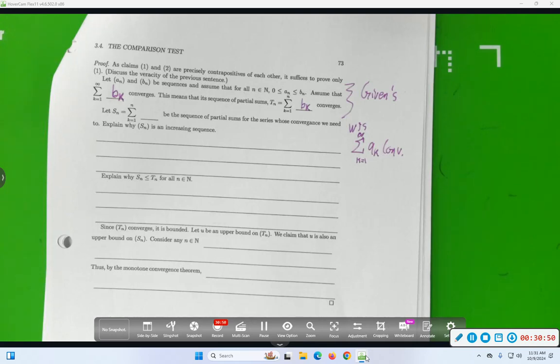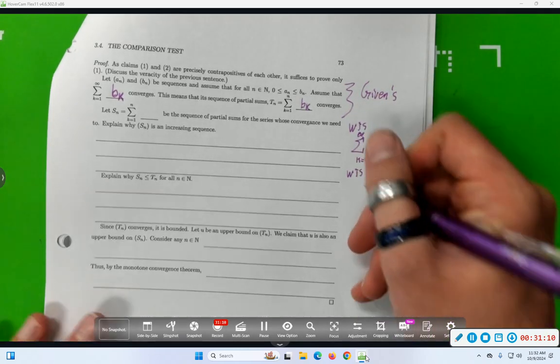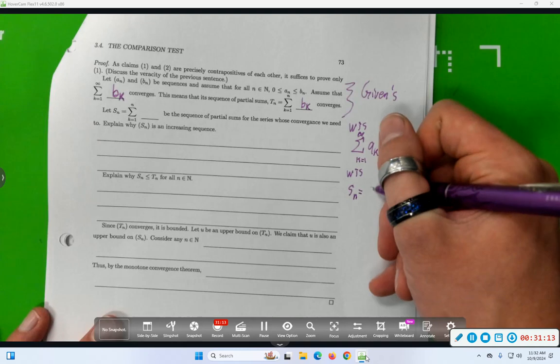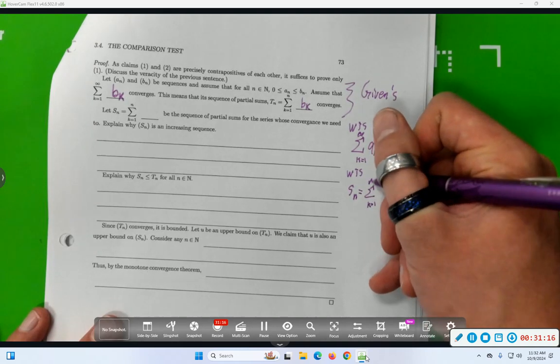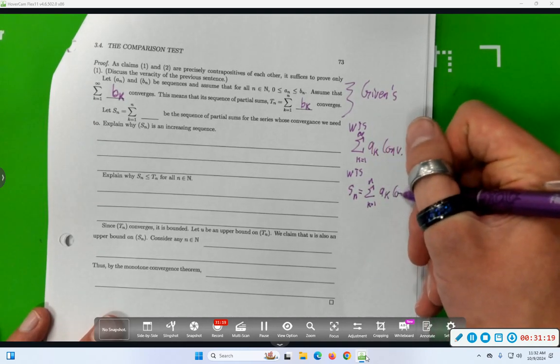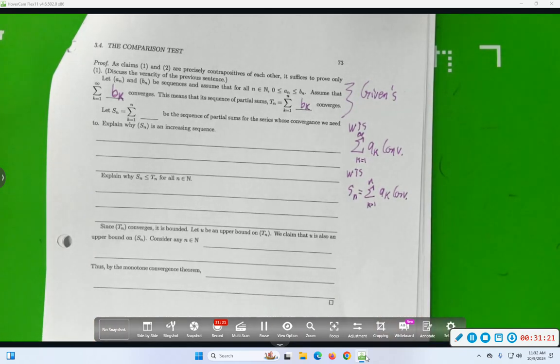There's the thing I want to converge. It means that the sequence of partial sums needs to converge. So I want to show that the sequence given by the sum from k equals 1 to n of ak converges. I don't know what the limit is. I have no idea what the limit is. So I can't compose some direct epsilon-N proof. I need to do something fancy.